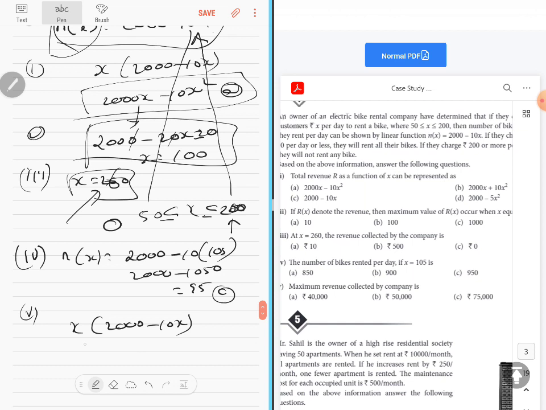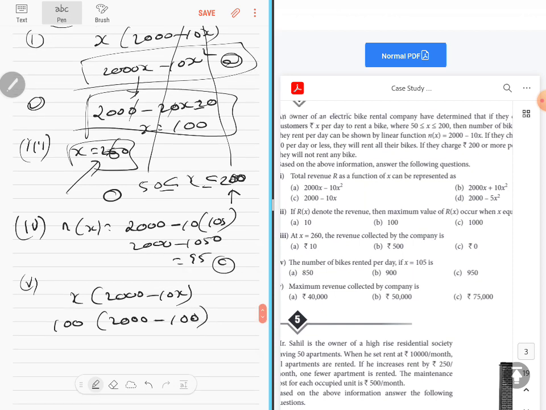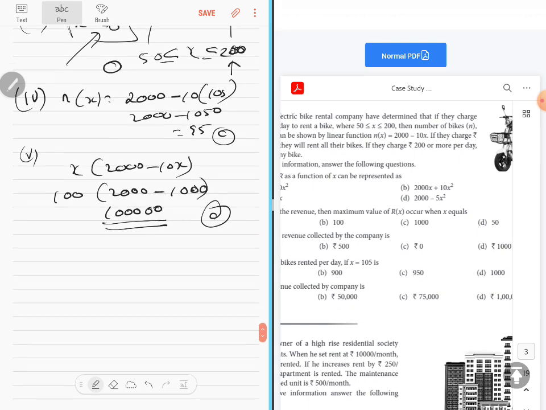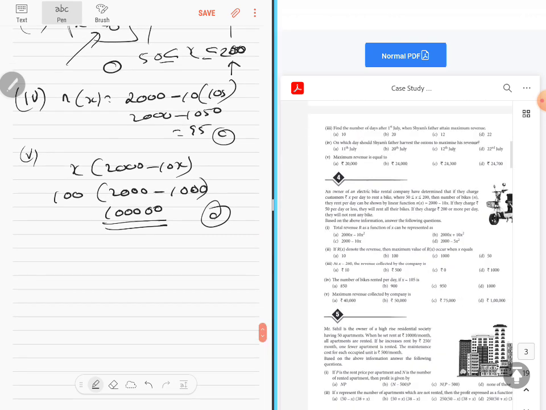So it's 100 into 2000 minus 1000, so 1,00,000. Hence the correct option here is 1 lakh. I think you have it as option D. So that answers this question. Very, very tricky. So let's go to next question.